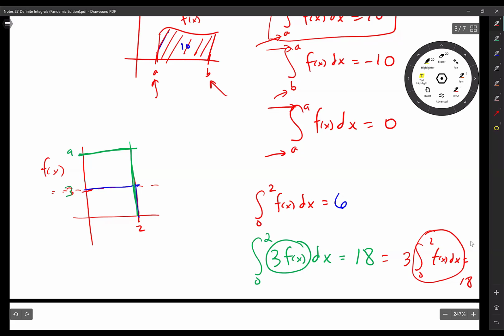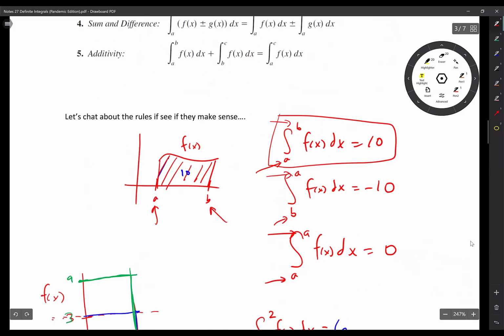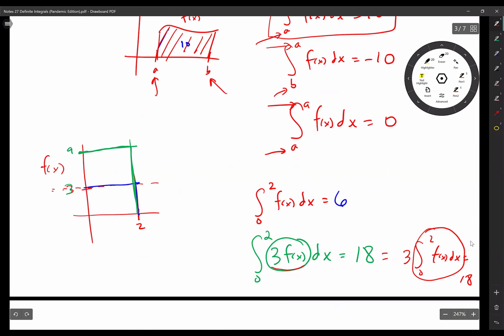It works. Because I put 3 times f of x, and f of x was just a linear line 3. So 3 times f of x is 3 times 3, which is just 9. So that's like graphing the line y equals 9. You know what I mean? Okay.